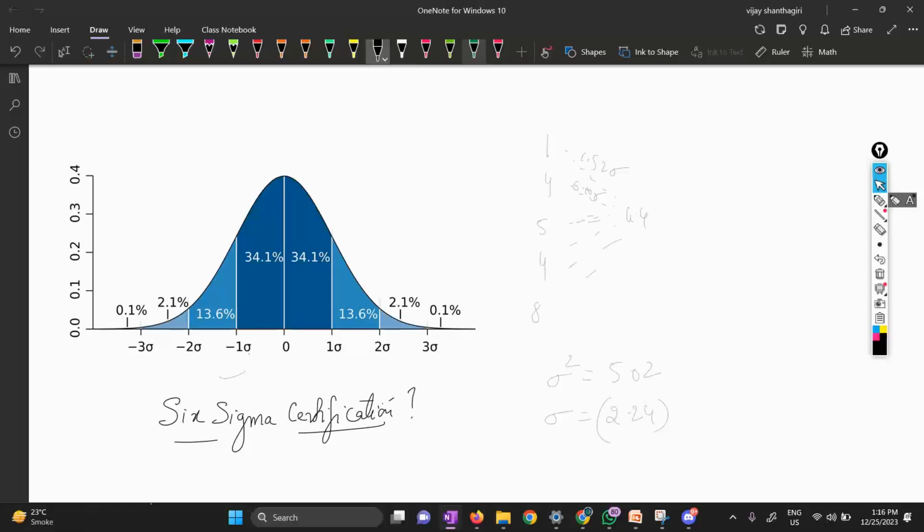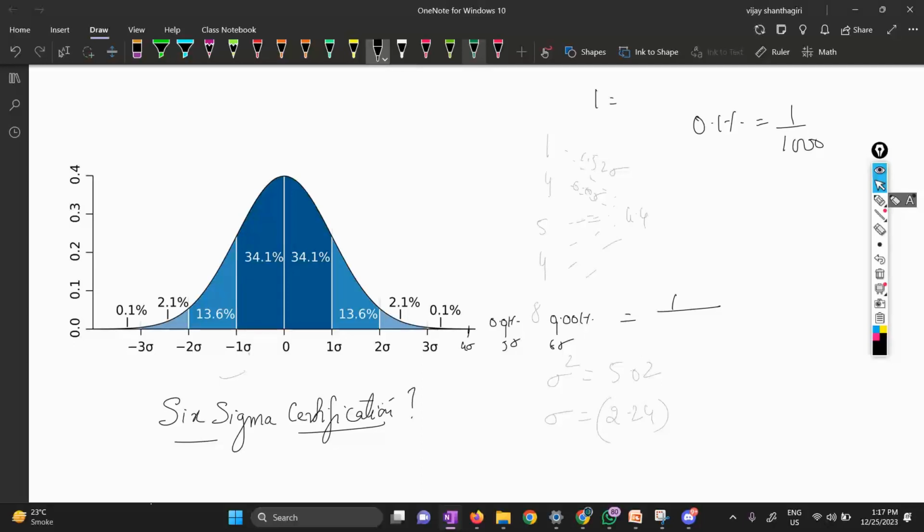Where does the sixth sigma come, look here: fourth sigma, fifth sigma, sixth sigma. Then 0.1%, then 0.01%, then not 0.001%. So what is 0.001%? What is that? 1 by 1000? No. 0.1% itself is 1 by 1000. 1% is 1 by 100.